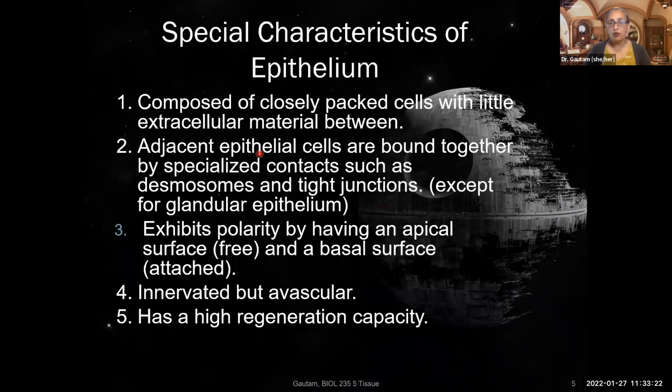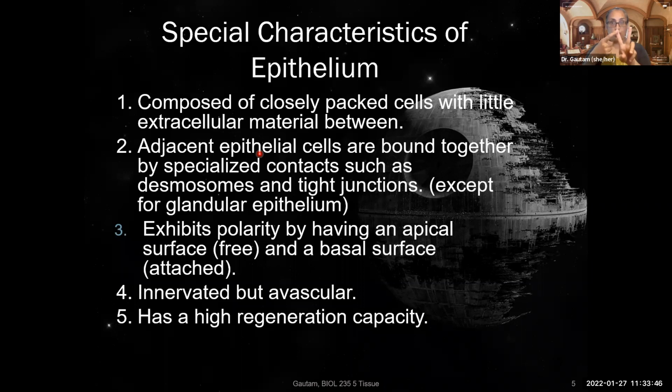So what are the characteristics of epithelial tissue? One, as we've already said, the epithelial tissue cells are tightly packed next to each other. There's very little acellular space between the epithelial tissues. And this is specifically for the sheet-like function of epithelial. Remember, there are 2 types of epithelial tissue.